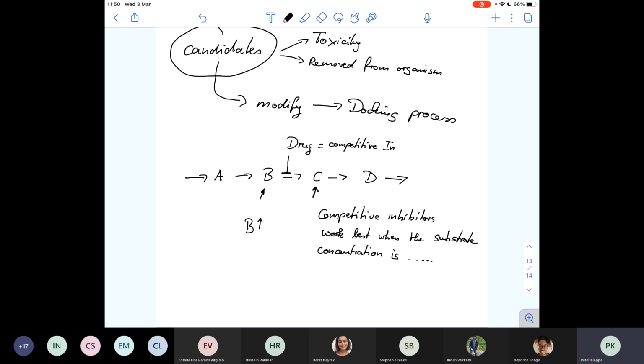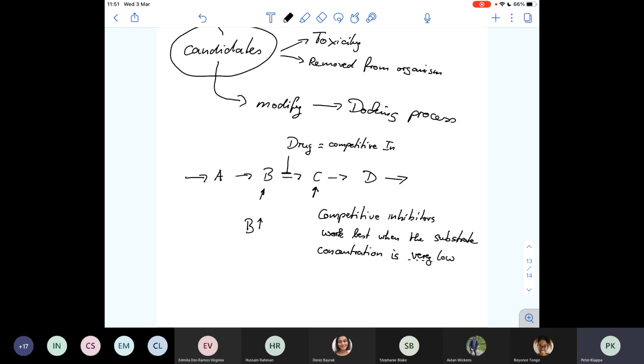Competitive inhibitors work best when the substrate concentration is, you nailed it, totally, is very low. If the substrate concentration is low, then the inhibitor works. If the substrate concentration is low, then our drug works very well.